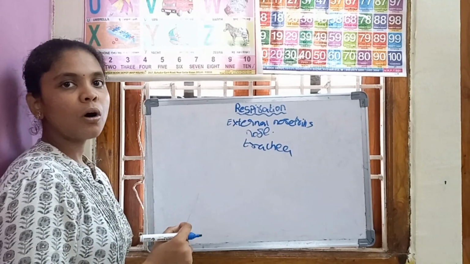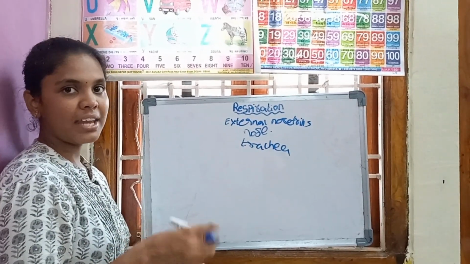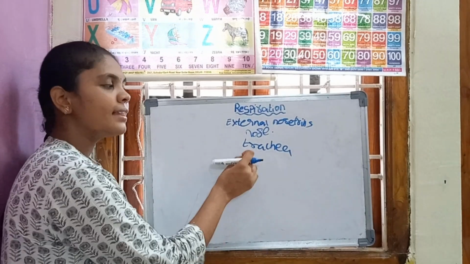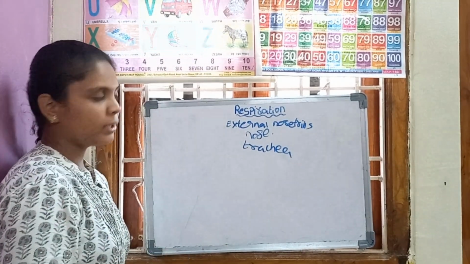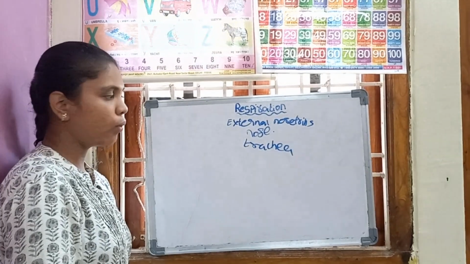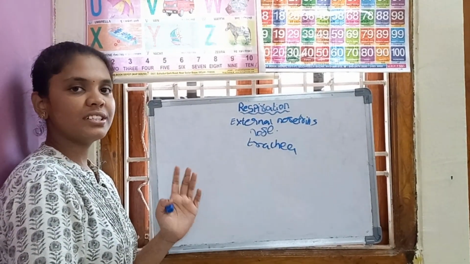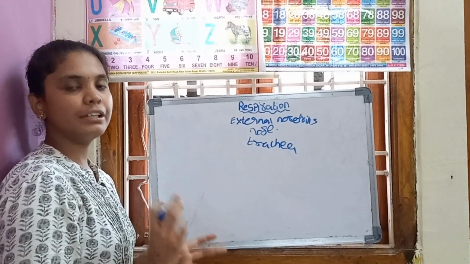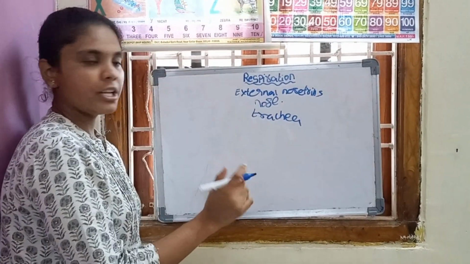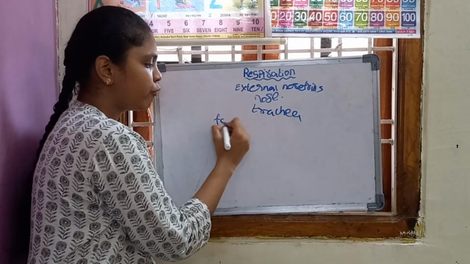And the mucus does not allow microorganisms and bacteria to enter our body with the air. The trachea is a long tube, and next we have the bronchi, bronchioles and the alveoli. I also discussed the alveoli function, where the diffusion takes place.